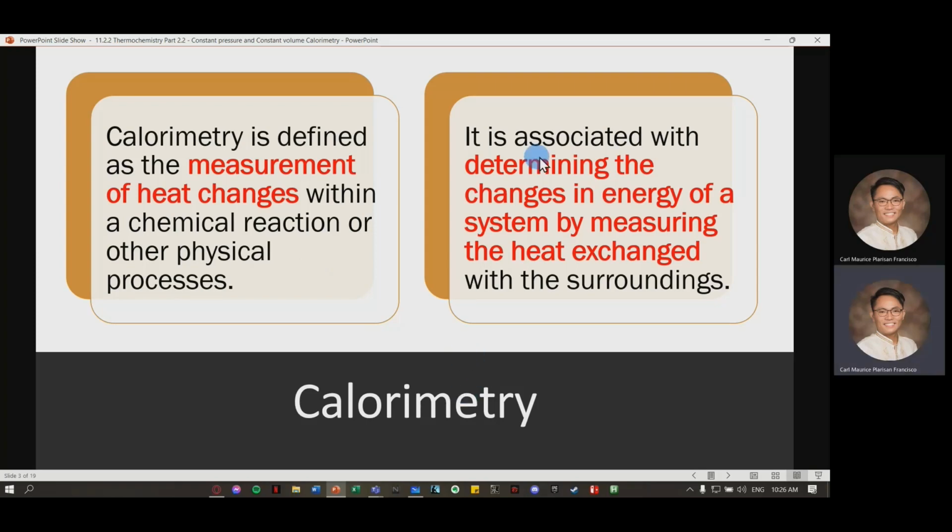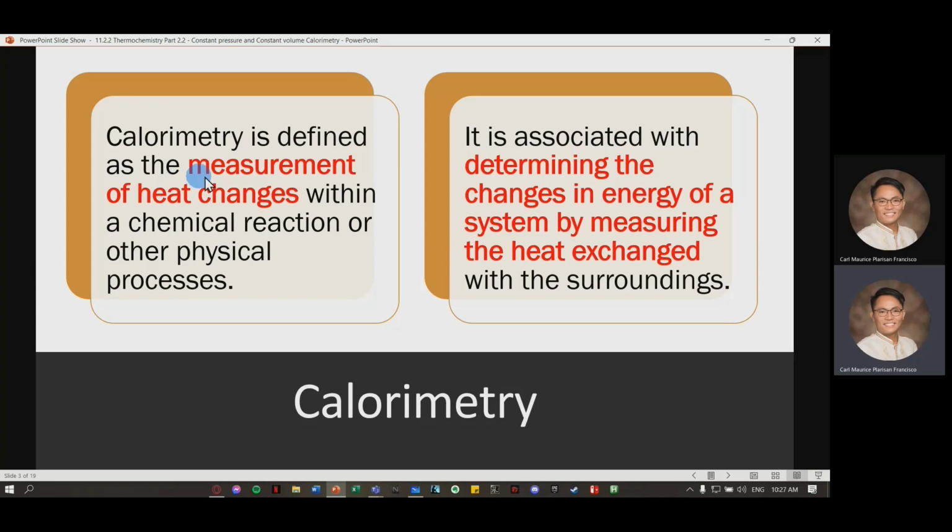Calorimetry is also associated with determining the changes in energy of a system by measuring the heat exchange with the surroundings. So again, let me repeat.